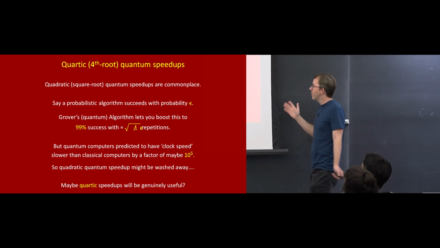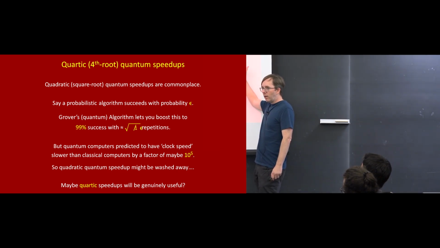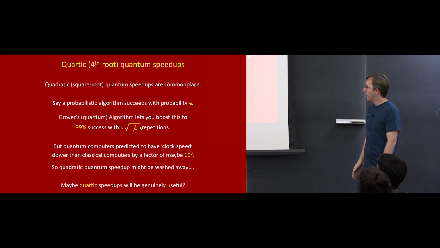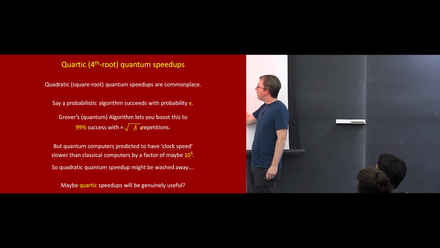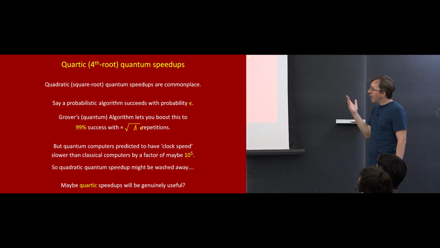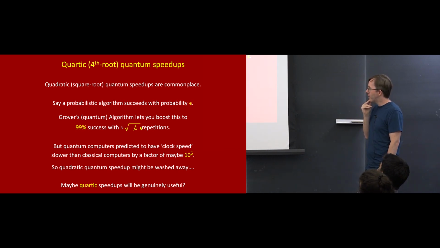For example, this is a well-known fact. If you have a probabilistic algorithm that succeeds with probability epsilon, then normally you'd run it 1 over epsilon times and then it'll succeed with high probability. And another fact is that Grover's algorithm from quantum means you just have to run it square root of 1 over epsilon many times. So in light of this, you get lots of algorithms that are sped up by a square root in the running time using this observation.